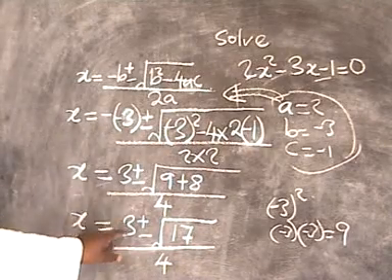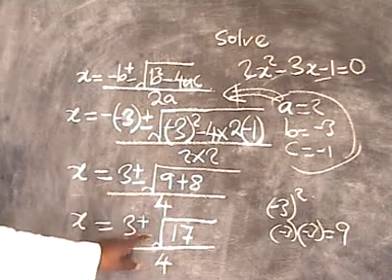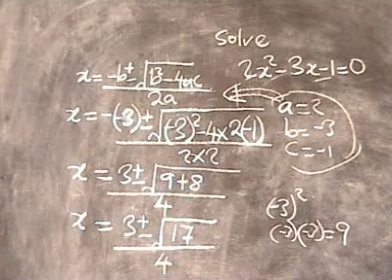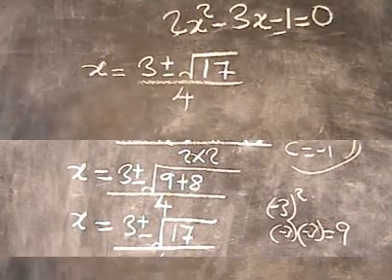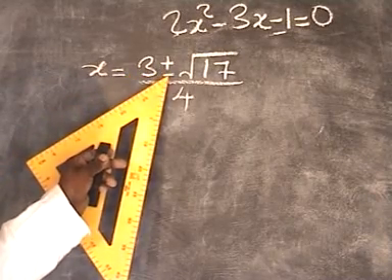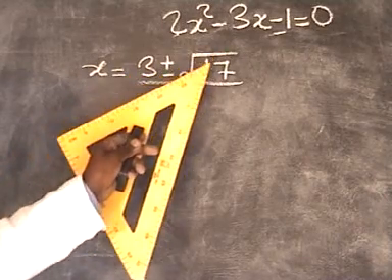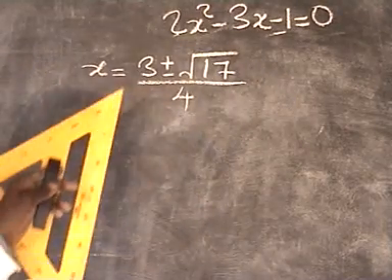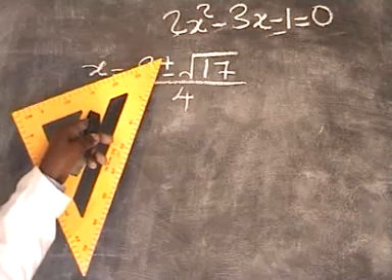X equals positive 3, positive or negative square root 17 divided by 4. So this can be driven there, as you can see, and this is x equals positive 3, positive or negative square root of 17, and then everything divided by 4. Now, because of the two signs there, you have a positive and a negative.